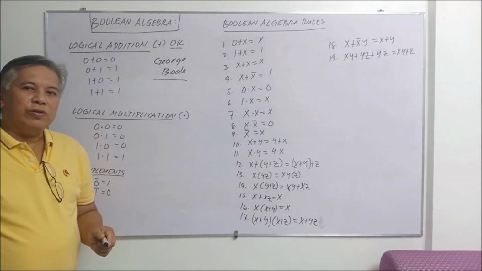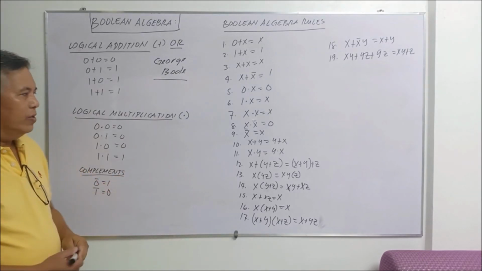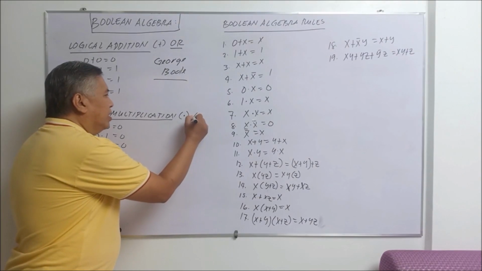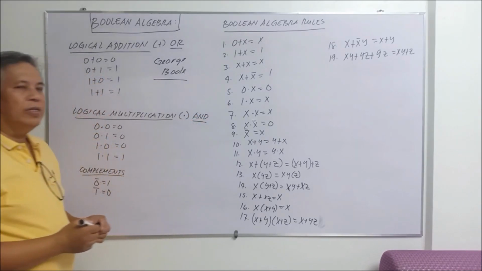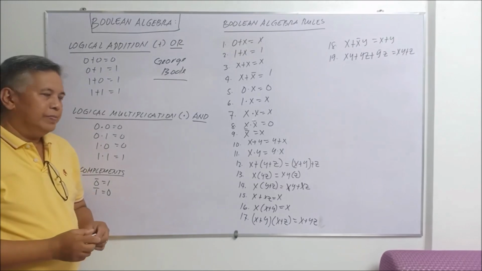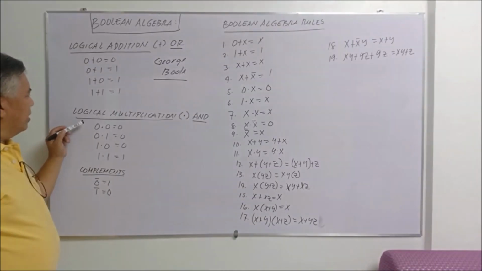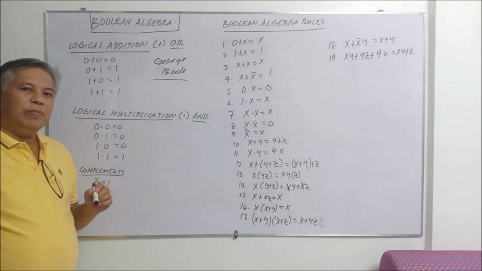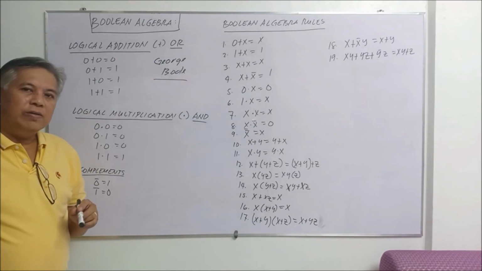Logical multiplication is represented by the dot sign, which in a logical word is AND. Logical multiplication is very much the same as your binary multiplication.